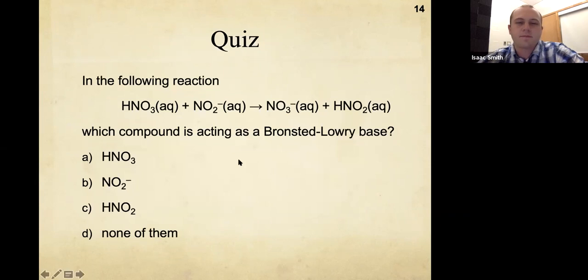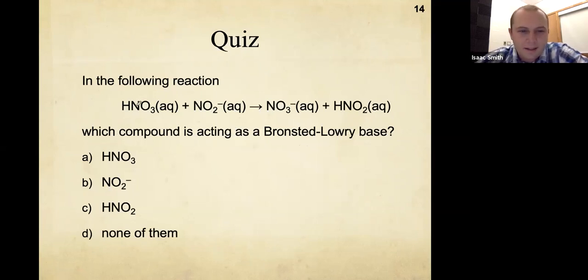Okay, so go ahead and try this quiz out here and see how we're doing. Okay, so the question says, in the following reaction, which compound is acting as a Bronsted-Lowry base? So Bronsted-Lowry bases, again, are going to accept protons.